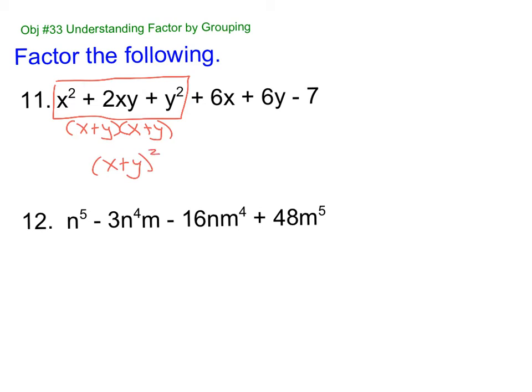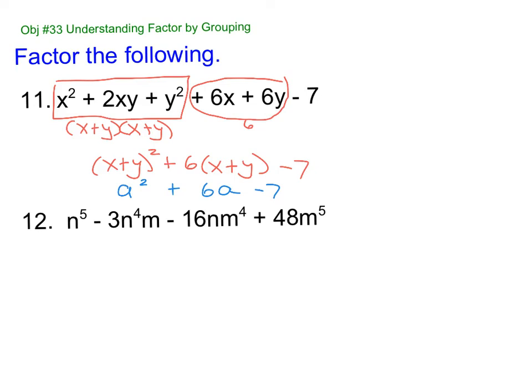And then does anything else look like it goes together? If you look at this now, 6x plus 6y, we can factor out a 6 there, right? I'm going to take out the 6, and we're left with x plus y, and that minus 7. So now imagine, treat that binomial of x plus y squared as like one variable. So this is like a squared plus 6a minus 7.